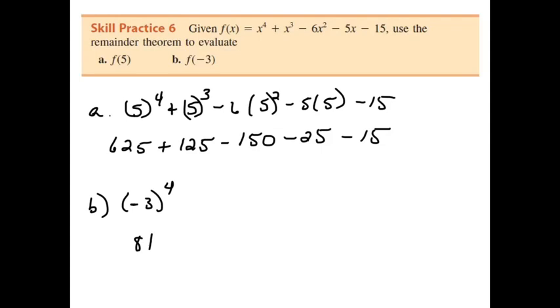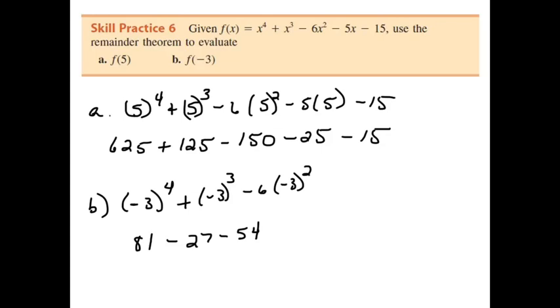If I have plus negative 3 cubed, that's going to be minus 27 because negative 3 times negative 3 times negative 3 is negative 27. Minus 6 times negative 3 squared. Negative 3 squared is 9. 9 times 6 is 54, but it's negative.